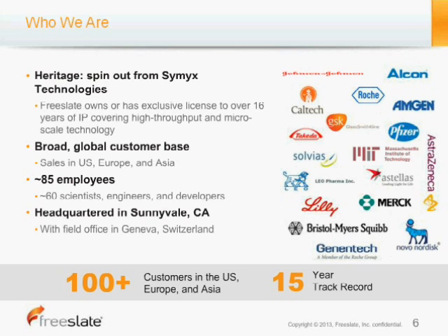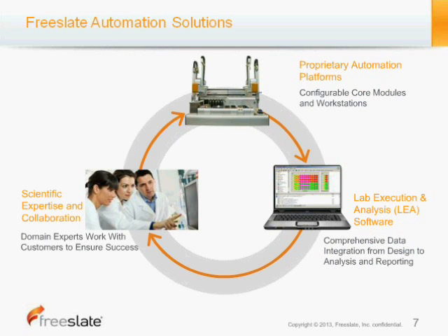As part of our business model and how we work with our customers, we have a three-part cycle, which starts with our proprietary automation platforms. Currently we're working with configurable core modules and workstations, and for this specific study I actually used what we would call a core module system. We also create custom systems for some of our customers as well.